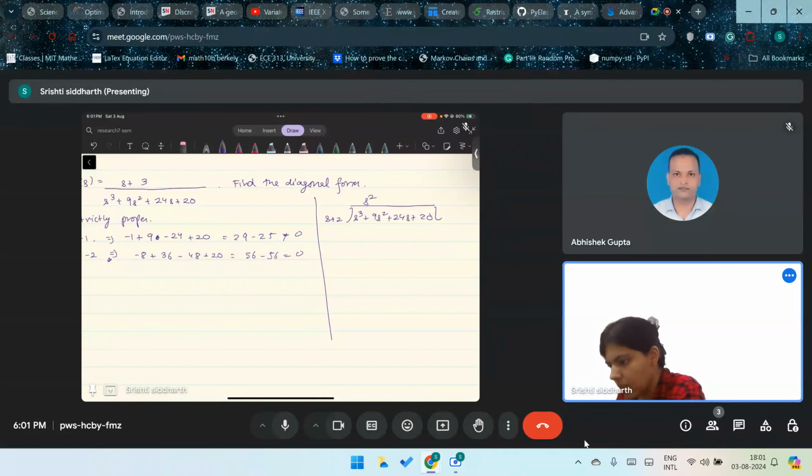So let's see. We have s cubed plus 2s squared, then 7s squared plus 24s plus 20.